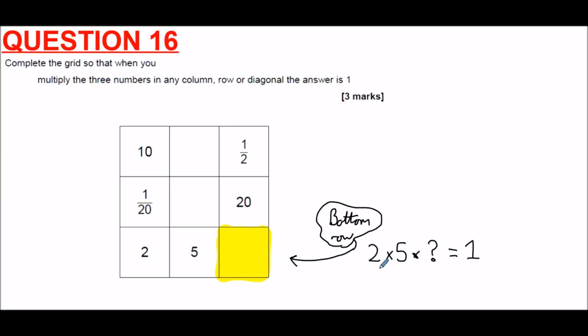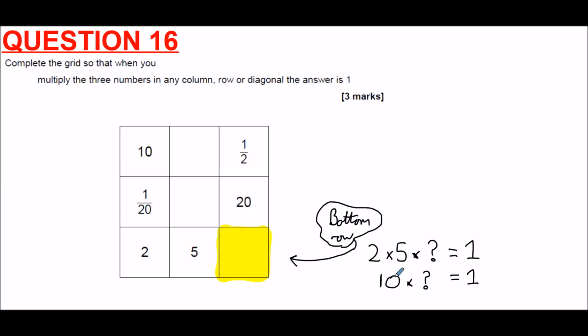Now we can neaten this up a bit, because we can do 2 times 5, which is 10. So 10 multiplied by whatever the mystery one is gives us 1. And now we can solve it as an equation. So whatever this number is, when we multiply it by 10 we get 1.